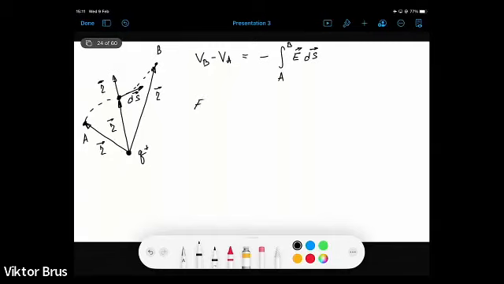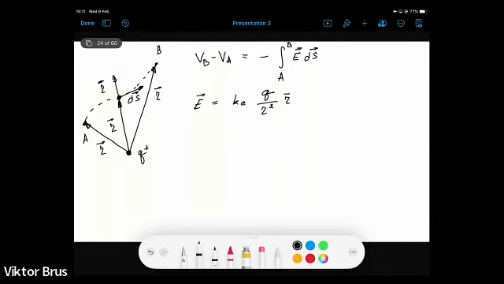So we can write E vector is equal to KE, the constant, times Q, the electric charge, divided by R square, the distance from the electric charge to the point where we want to determine the electric field vector, and times this R unit vector, which defines the orientation.